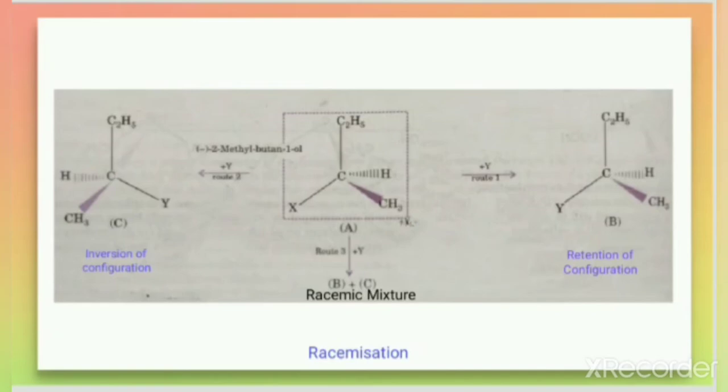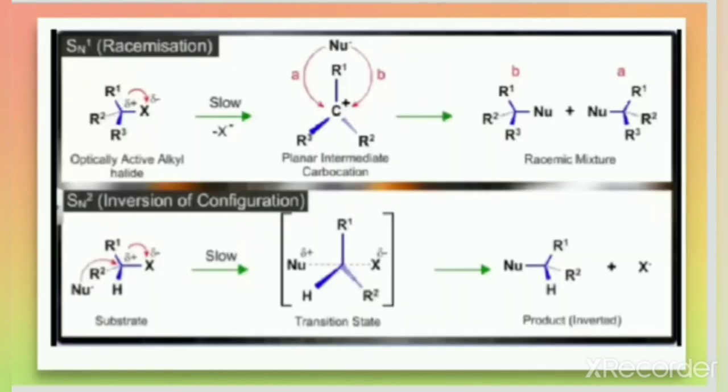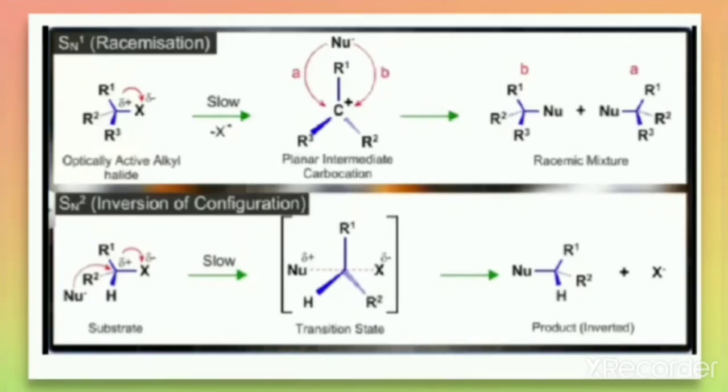Now let us apply this concept in SN1 and SN2 mechanisms. In the SN1 mechanism, the process takes place by racemization. That means in SN1 mechanism, the attack of the nucleophile can take place with equal ease from both faces. That is, the nucleophile can attack from this direction or from this direction.